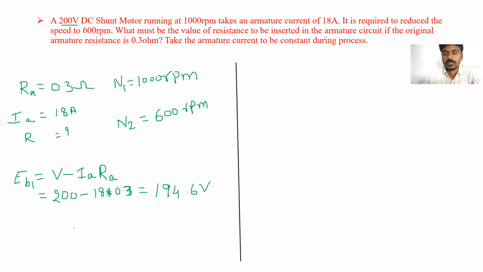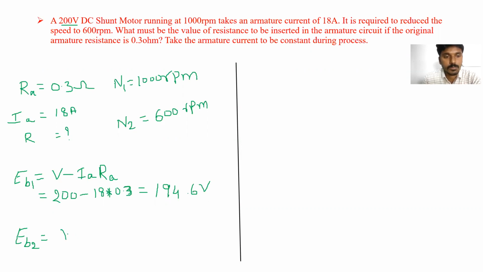Next. So what we have to find out? It's the same way, EB2, because the motor speed is decreased to 600 RPM. So when the motor is running at 600 RPM, the back EMF also changes. That back EMF can be considered as EB2.